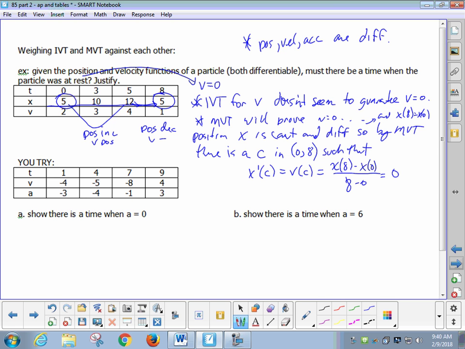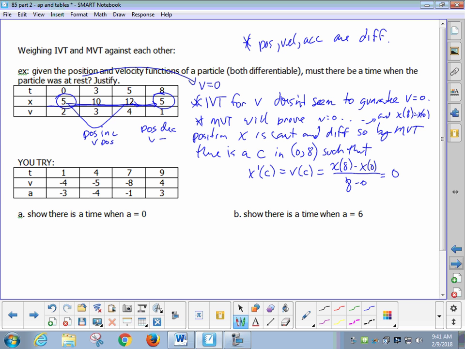You do see that just because the position is increasing here doesn't mean velocity is positive unless you prove it with the MVT. Okay, sure, the average rate of change is positive. That just means the average velocity is positive, not the instantaneous velocity. So there's really just no way around using MVT.